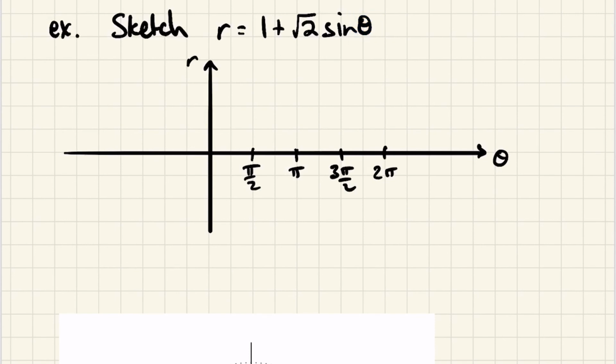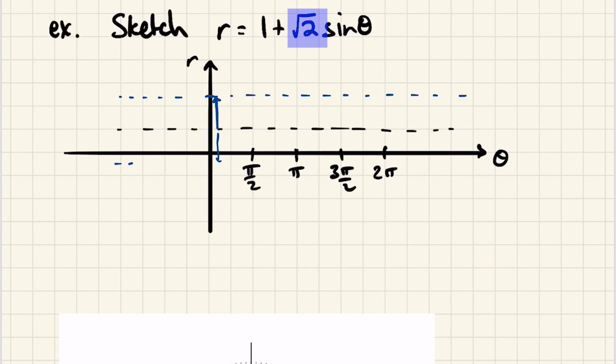Here we're going to have a vertical shift of 1 unit, so our baseline's right here, and an amplitude of root 2. So that's about 1.4. From the baseline, we'll go up about 1.4 units. So there's 1 plus root 2. And we're also going to go down about 1.4 units. So that gets us just a hairline below the theta axis.